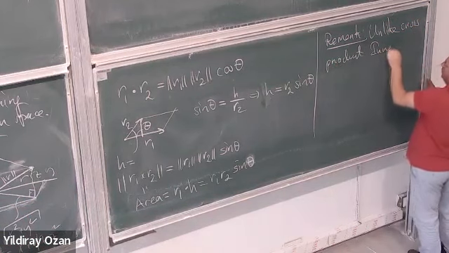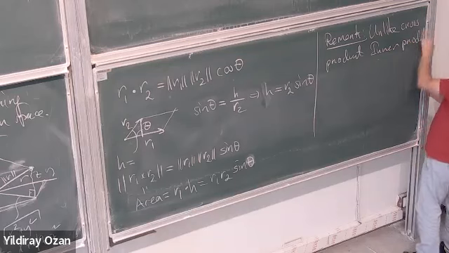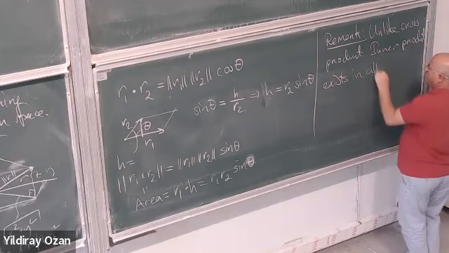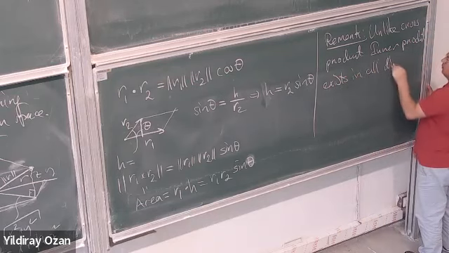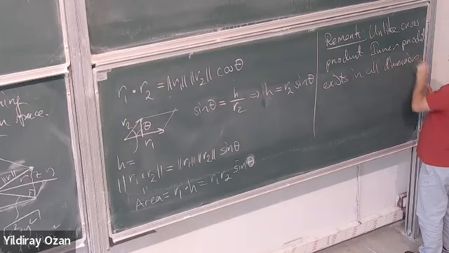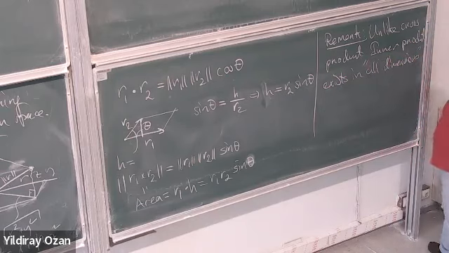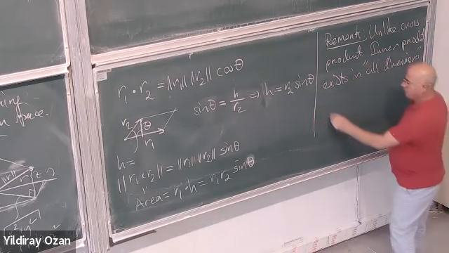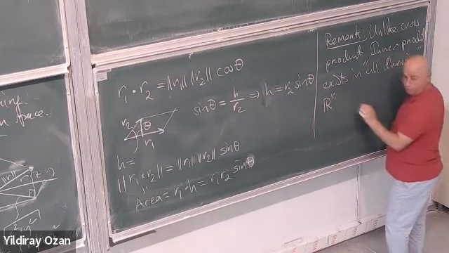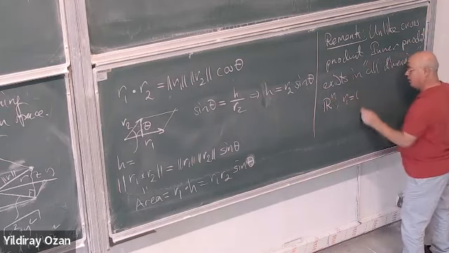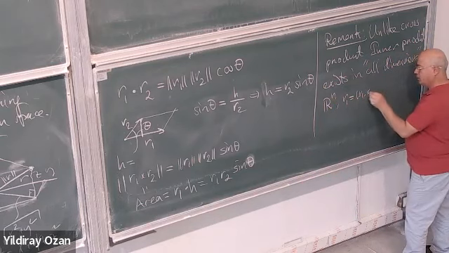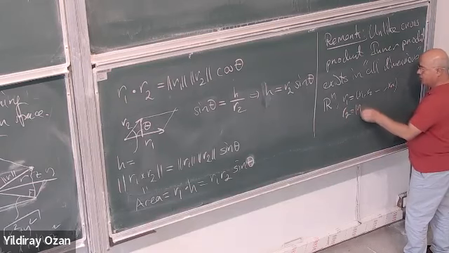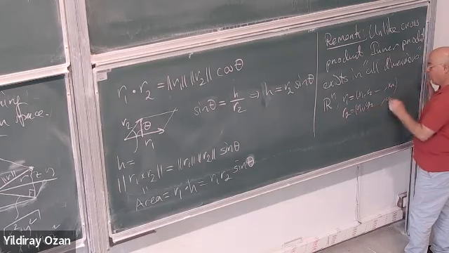For example, in Rn, if you have two vectors, let's say R1 is x1, x2, ..., xn, and R2 is another vector, y1, y2, ..., yn.